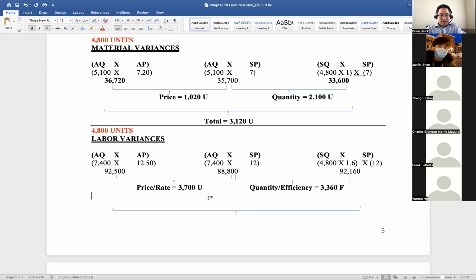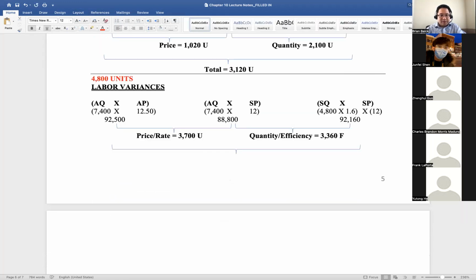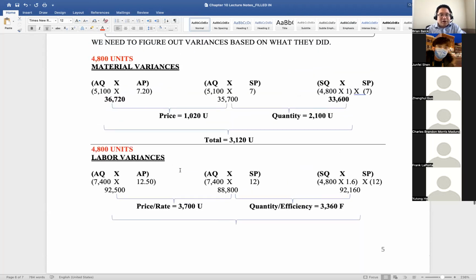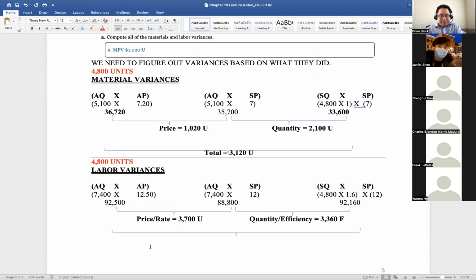And then finally, we can figure out the total variance. Let me see if I can squeeze this all so it's all on one page. So the total variance. Some people say, can I just take the price variance and add it to the quantity variance?